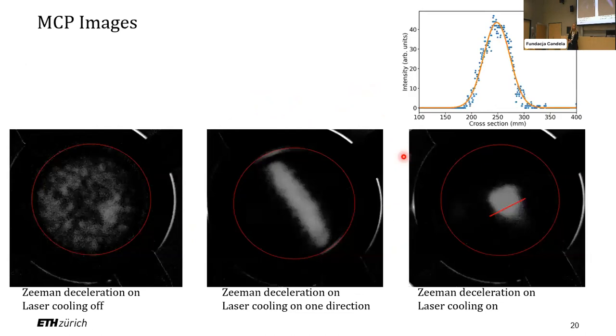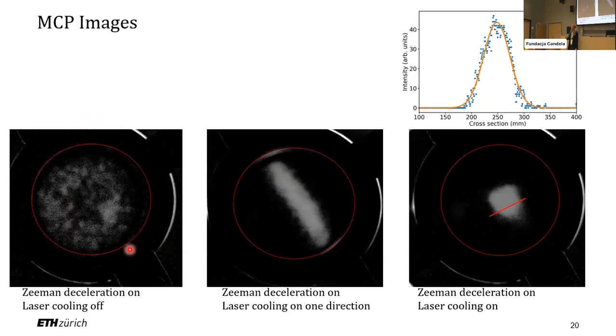Okay, so now what we used is an imaging MCP, such that we can record images of how our atomic beam looks throughout the laser cooling process. In red, I have marked the border of the MCP. The first image shows how the atomic beam looks when we have only used the Zeeman deceleration, but did not apply any laser cooling.